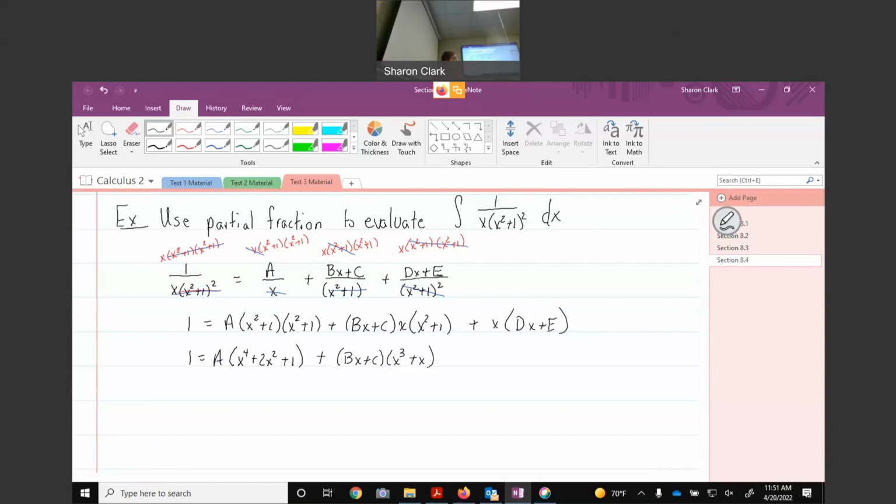But I know x squared plus 1 times x squared plus 1 is x to the fourth plus 2x squared plus 1, so it's easier for me to multiply that first. And the second thing here, I've distributed the x into the parentheses because that's easier for me to do. We didn't have a plain x last time.